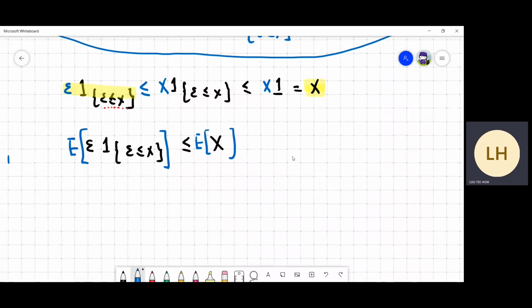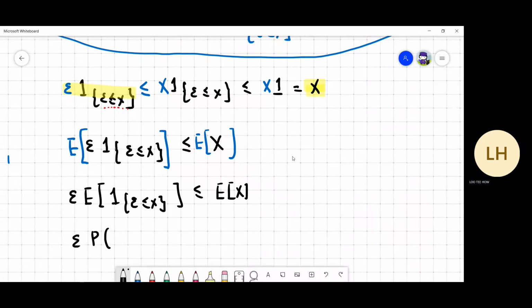Here is where we use theorem 4.1.3. We can take out the constant epsilon, and then we have epsilon times E of the indicator, which is less or equal to E of X. So the right-hand side remains unchanged. And from here, this becomes P of X greater or equal to epsilon. Again, the right-hand side has no change.